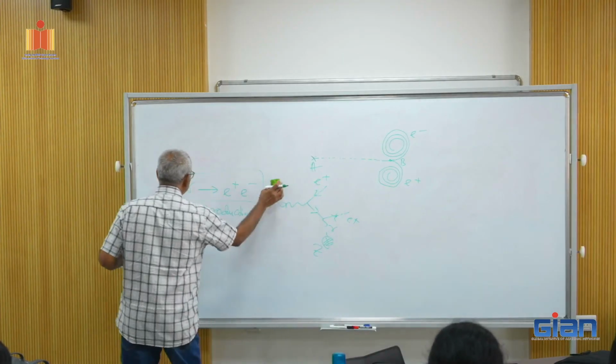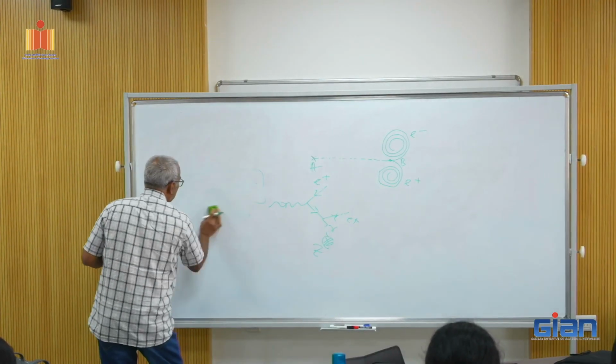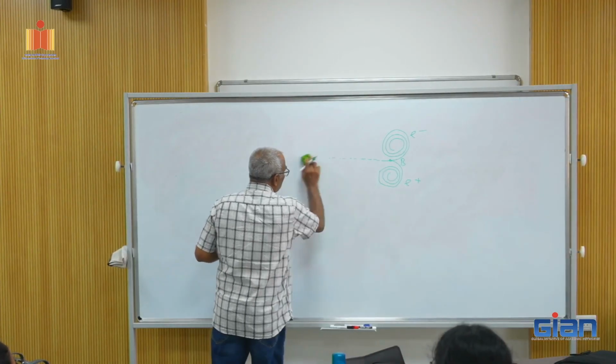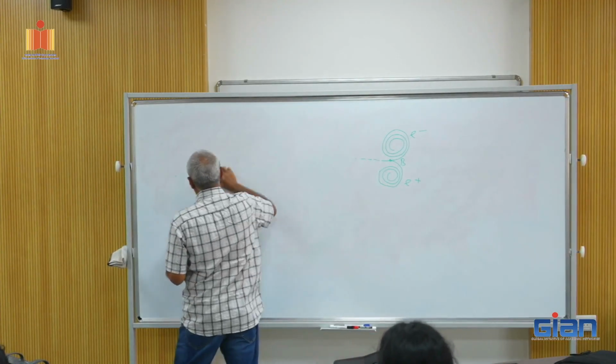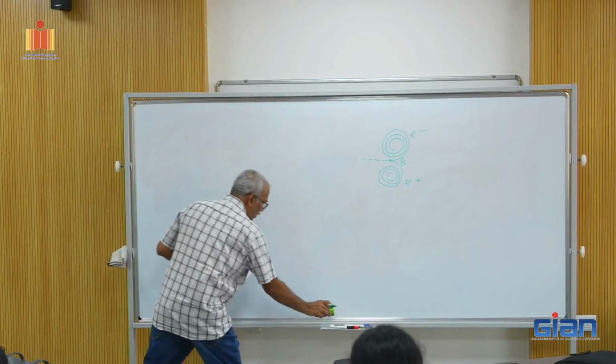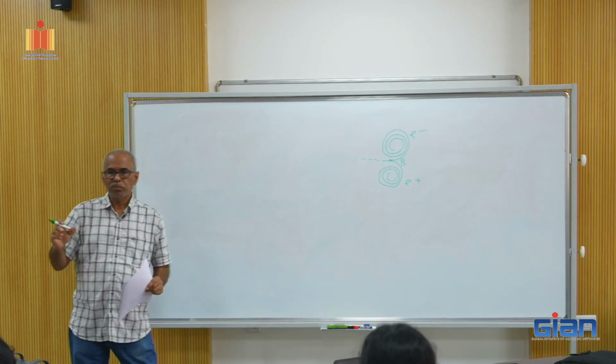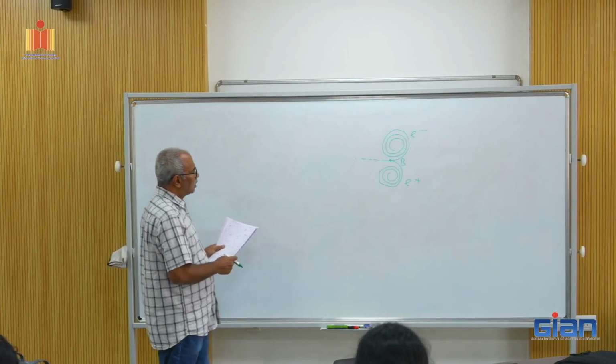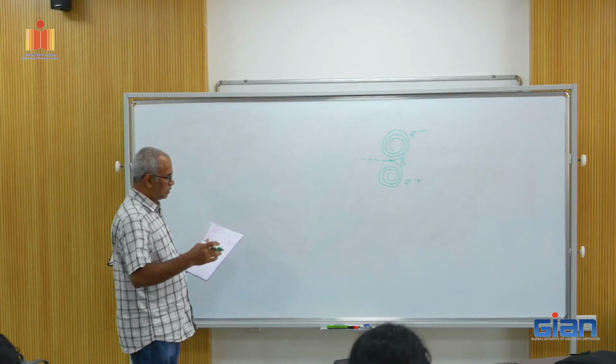Let me explain before going to that. All of us are familiar with Rutherford scattering, right? You have alpha particles bombarded on some kind of atomic target. We find that there is scattering.